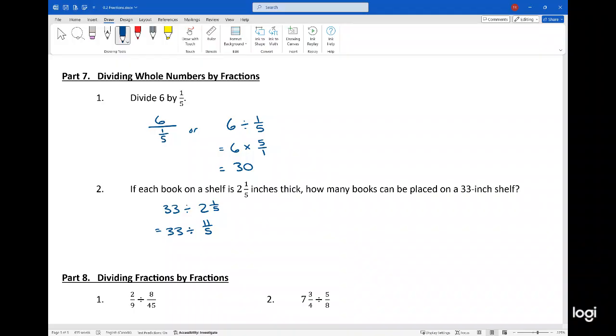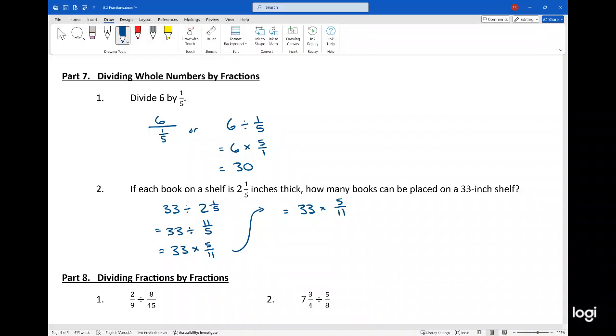There we go. And finally, we can simplify that by changing the division to multiplication and flipping the second fraction. I just want to be clear, you don't flip the 33 as well, just the second fraction. So that would be 5 over 11. Now just to see this clearly, I'm going to write that again.